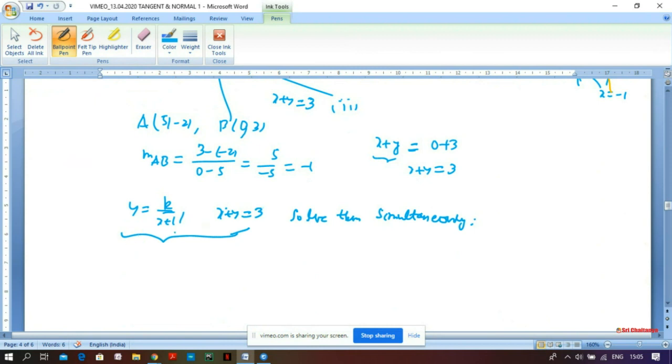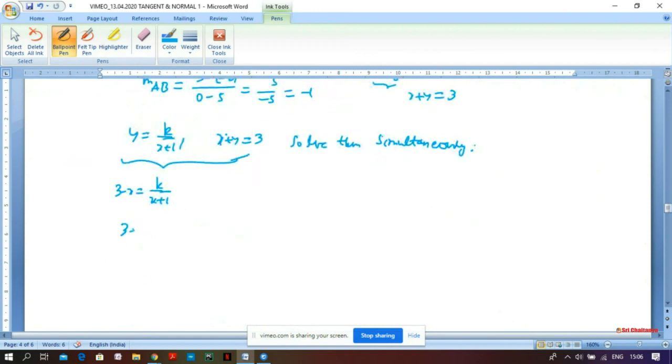So y is k over x plus 1, and y is 3 minus x, so 3 minus x is k over x plus 1. If I multiply, I get 3 minus x times x plus 1 equal to k, that is negative x squared, and this is 3x minus x, that is 2x, and then plus 3, that equals k. So that gives negative x squared plus 2x plus 3 minus k equals 0.